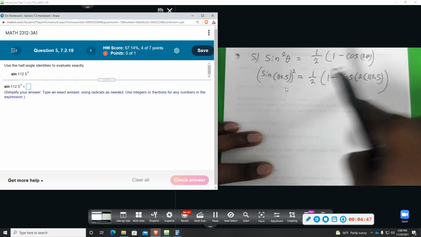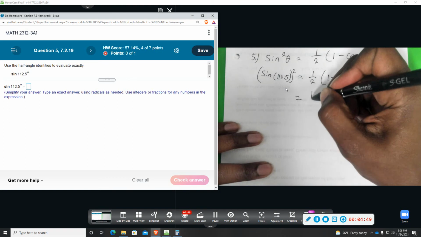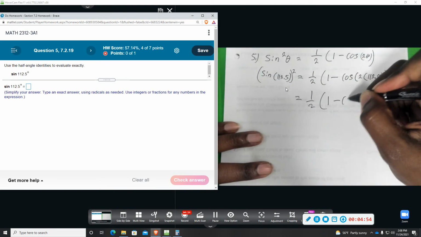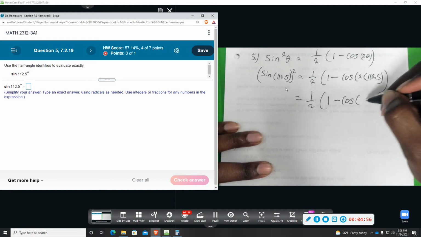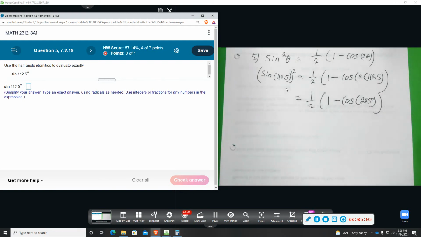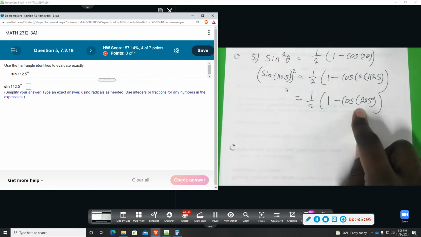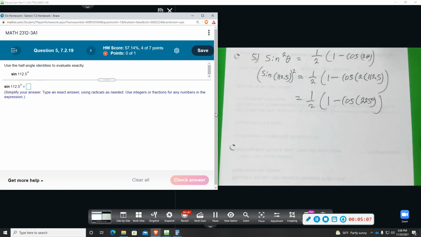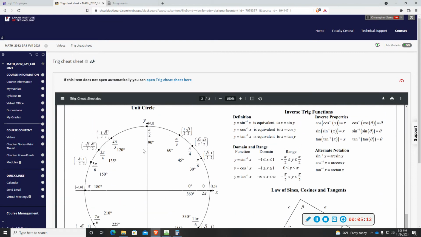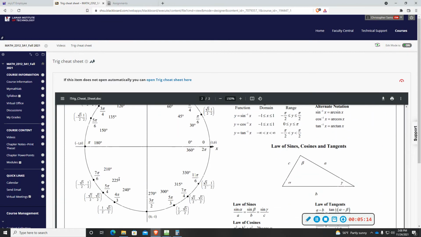So I'm just going to be working on the right side now. So 1/2, this is going to be 1 minus cosine of 225. Alright, so 225 is an angle on the unit circle. If you look on the unit circle at 225 right here, cosine is the x-coordinate. You get a negative square root of 2 over 2.